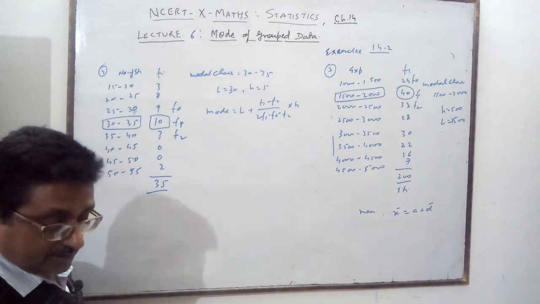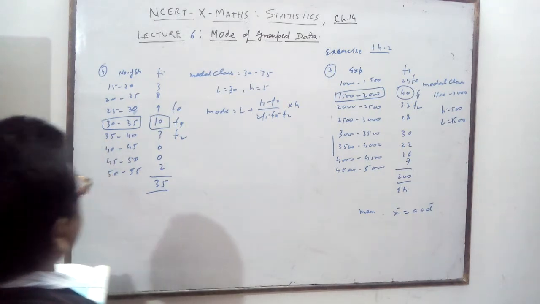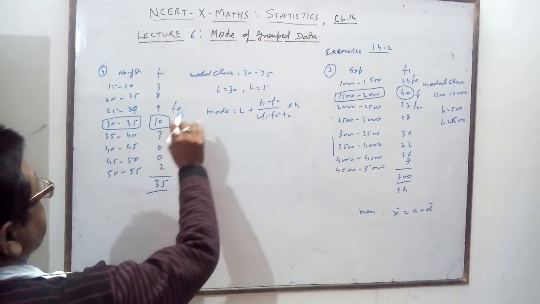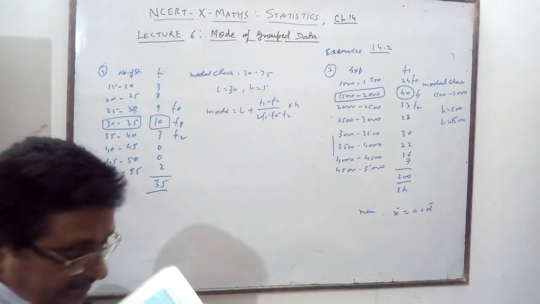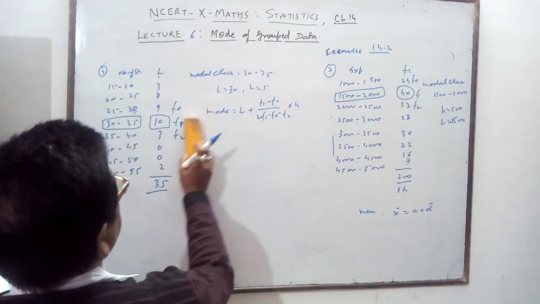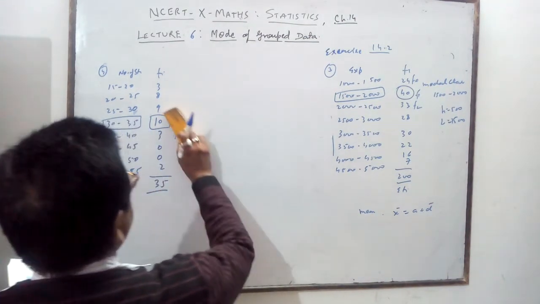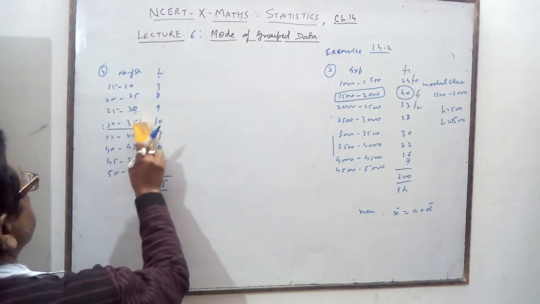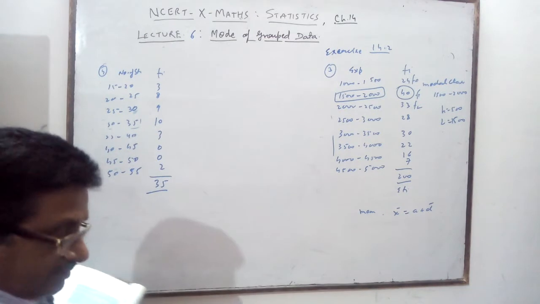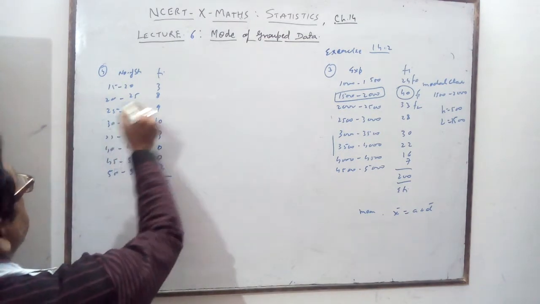For the mean, what will you do? For the mean you apply the shortcut method or deviation method. Find out xi and then calculate.